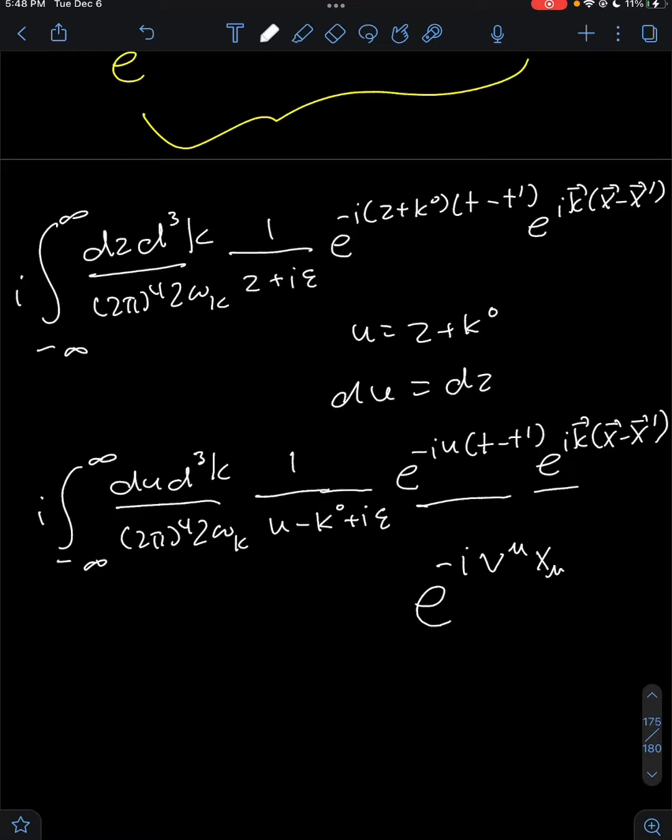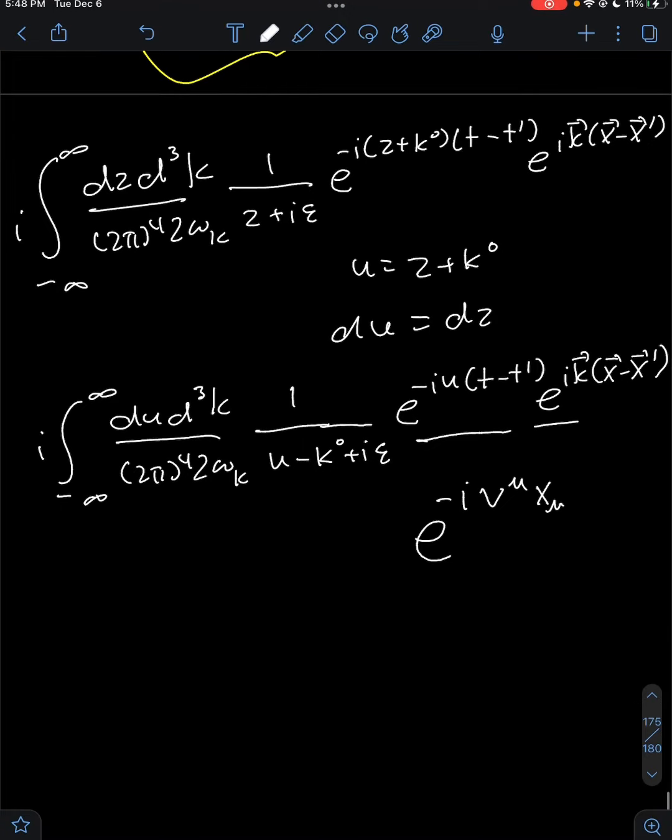Well, we could technically do that actually, if we define some new 4-vector, let's call it u^mu, where u^mu is just u and then the 3-vector k.